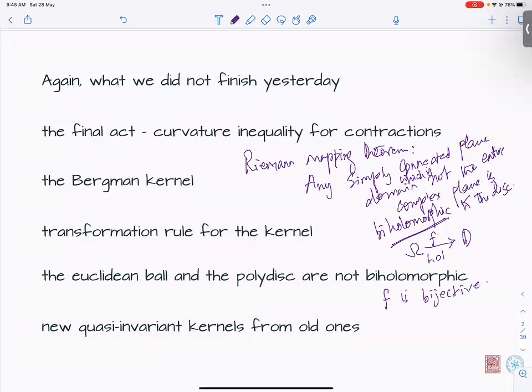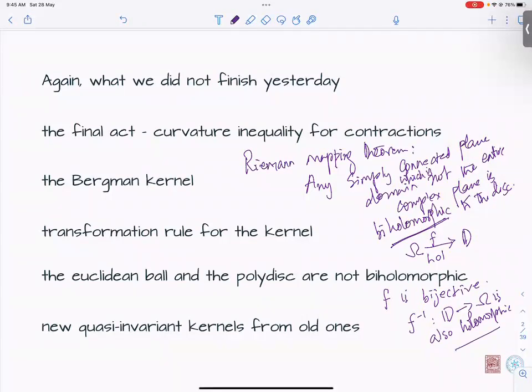Moreover, in this case, F inverse, which maps the disk into omega, is also holomorphic.